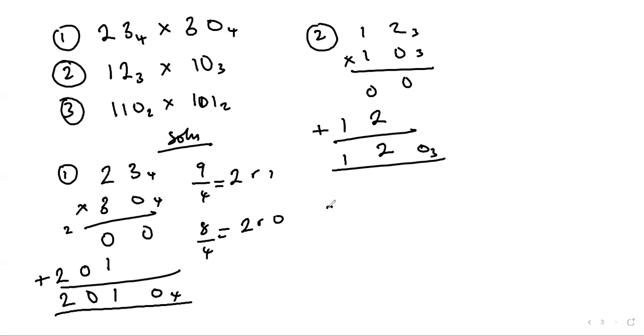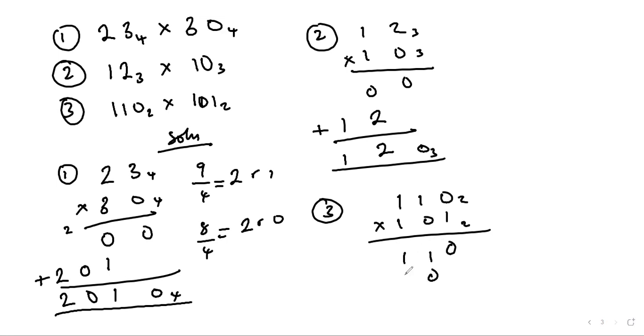So number 3, binary multiplication. 110 times 101, all in base 2. This one will be a lot. Okay, 1 times 0 is 0. 1 times 1 is 1. 1 times 1 is 1. 0 here times 0 is 0. 0 times 1 is 0. 0 times 1 is 0. 1 here times 0 is 0. 1 here times 1 is 1. 1 here times 1 is 1.